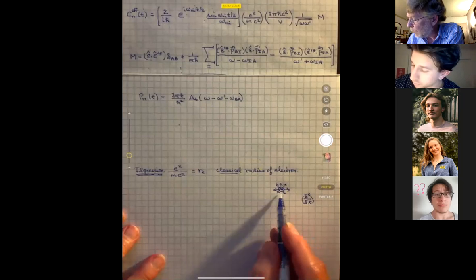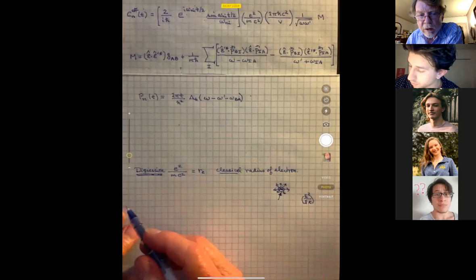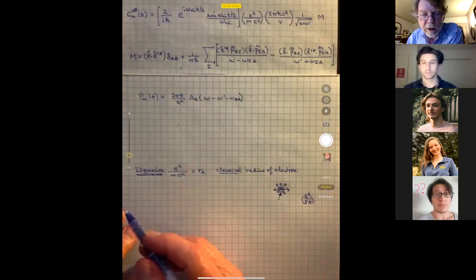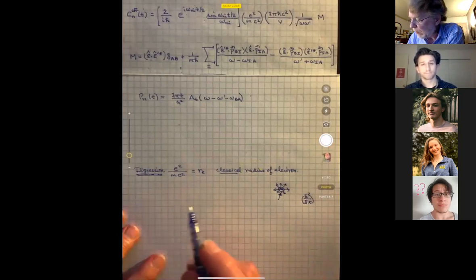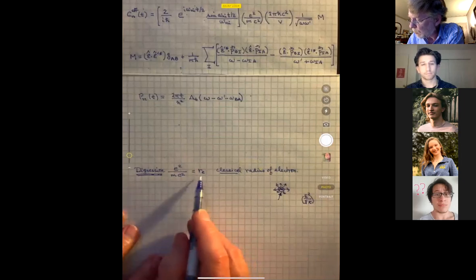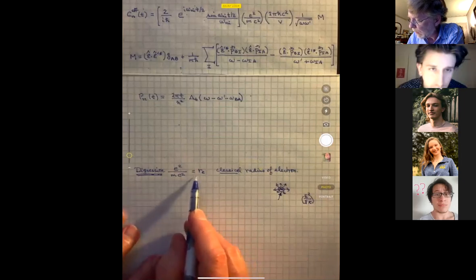In any case, if you work out what that radius has to be, where the Coulomb field must get cut off or truncated, in order to make the mass energy of the field equal to the observable mass of the electron, then you find that radius is this. That's what this classical radius of the electron is.